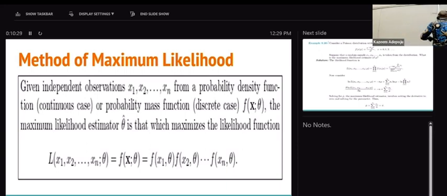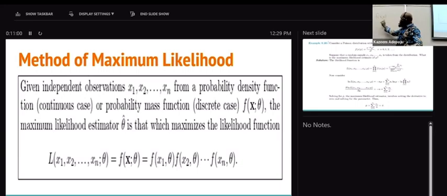Now, what I'm trying to show you is, if I want to use the method of maximum likelihood, assuming a particular probability distribution, let us assume the probability distribution is just this, f of x theta. This f of x theta could be whatever distribution you've been taught in this course. Maybe my interest is getting the parameter theta.